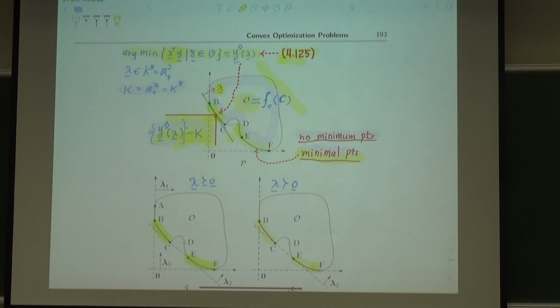They are from B to C, from D to F, right?